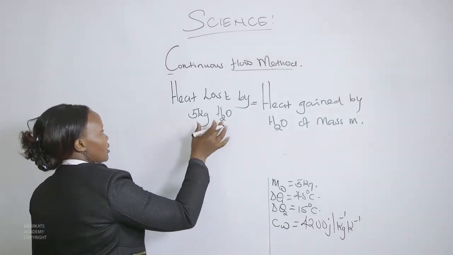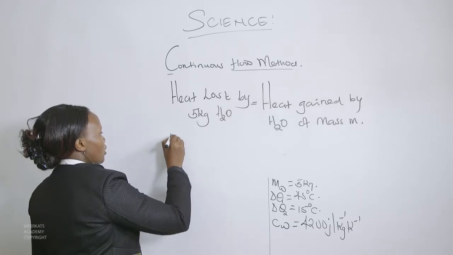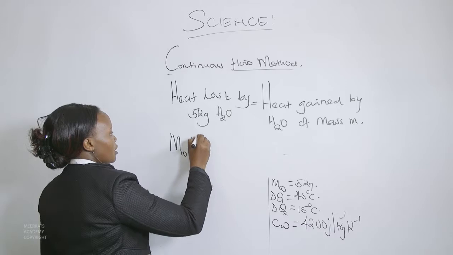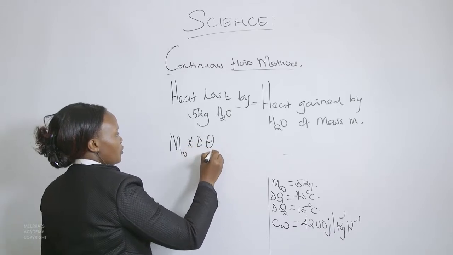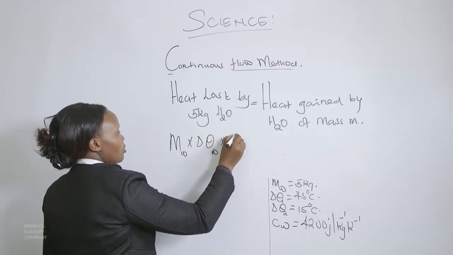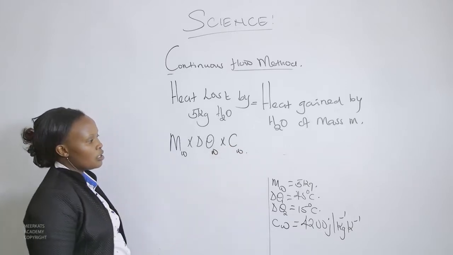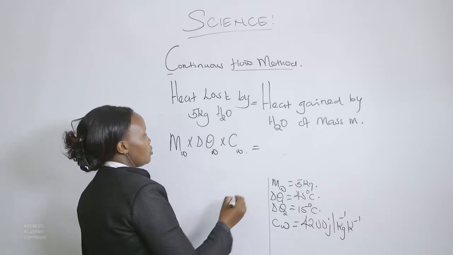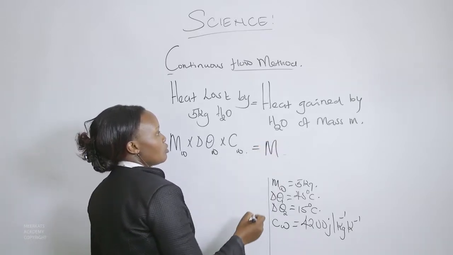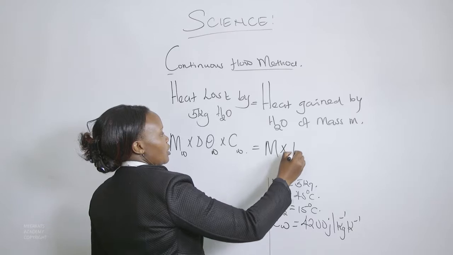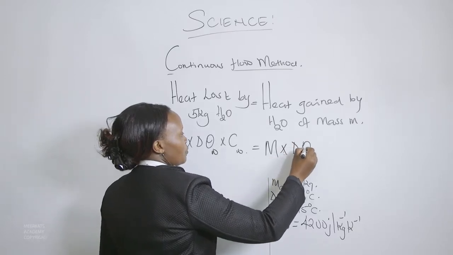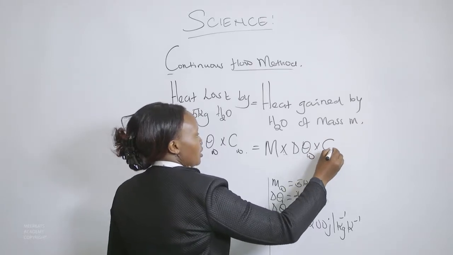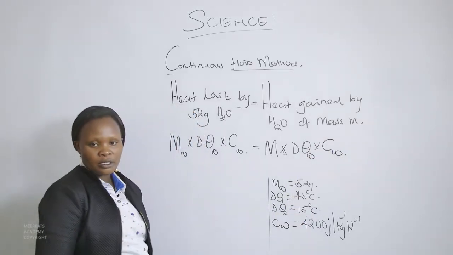In this case, the heat lost will be given by mass of water multiplied by the change in temperature of the same multiplied by the specific heat capacity of water, and that is going to be equal to the mass which we are looking for, multiplied by the change in temperature and the specific heat capacity of the same.